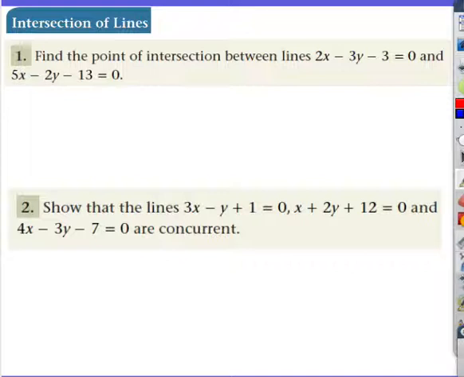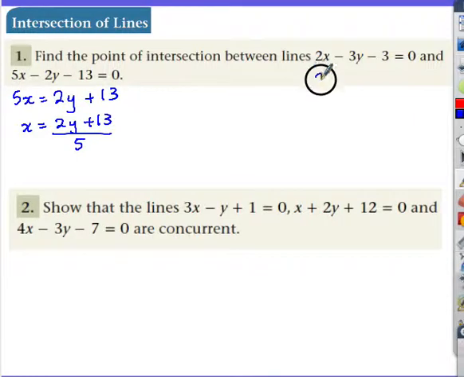You can either make x or y the subject, it doesn't matter. This one here, I'll make x the subject. 5x equals 2y plus 13. So x equals 2y plus 13 all over 5. Do the same thing over here, make x the subject. x equals 3y plus 3 all over 2.